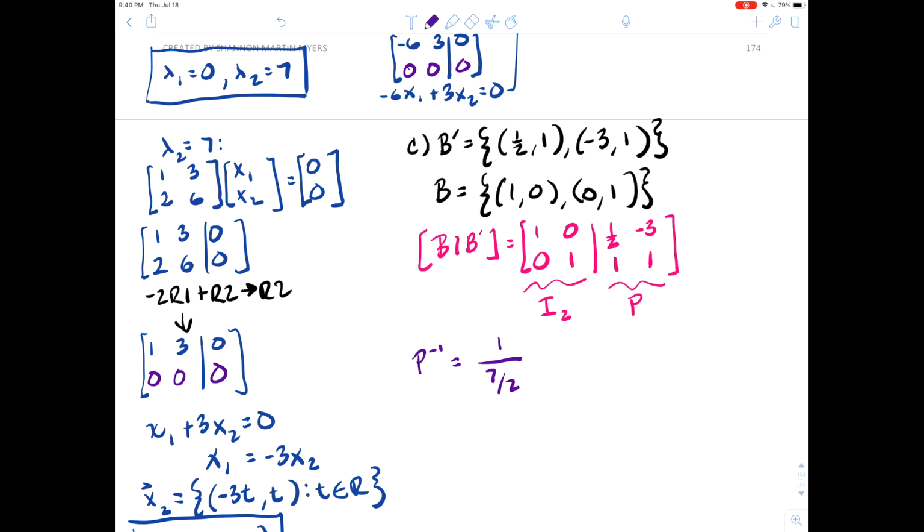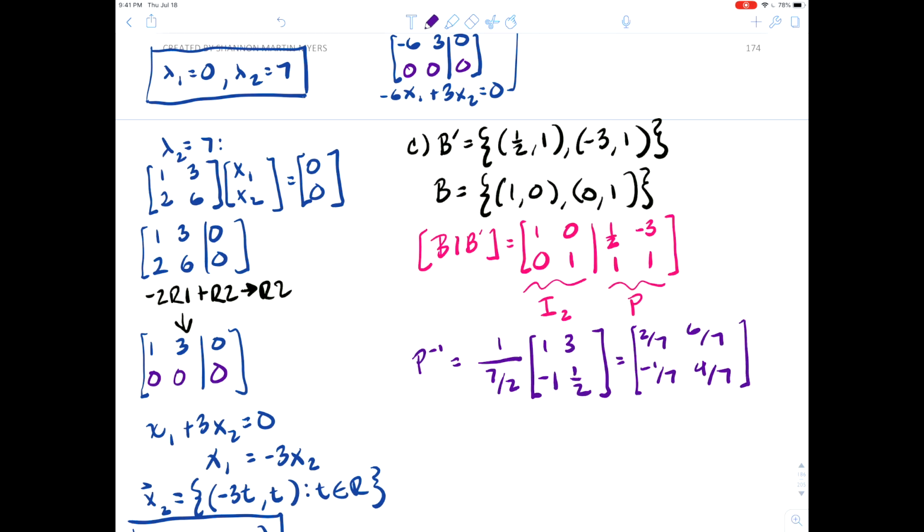And then we need to switch around the main diagonal and swap the signs on the other one. So that's P inverse. And when I put this in, we'll have 2/7, 6/7 going across, -1/7, and 4/7.